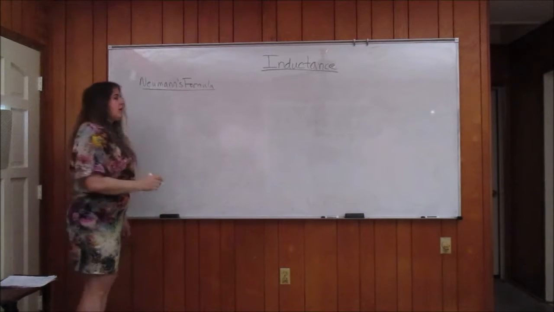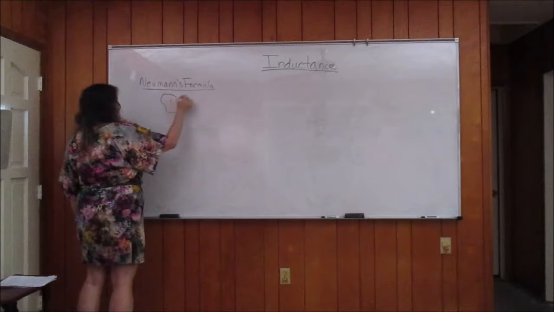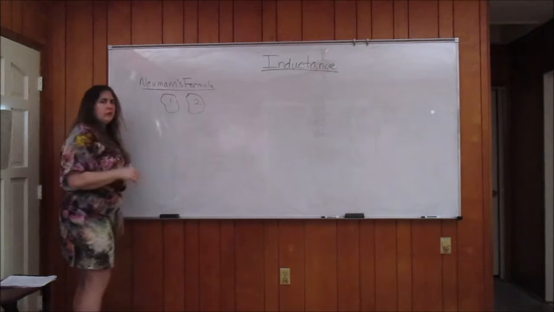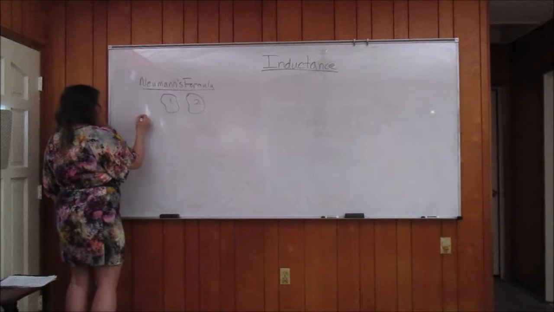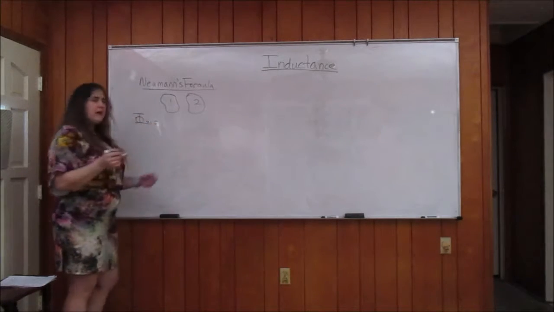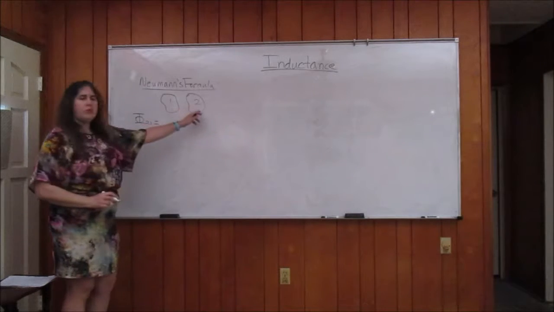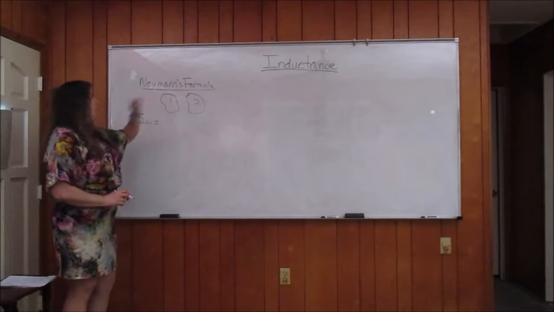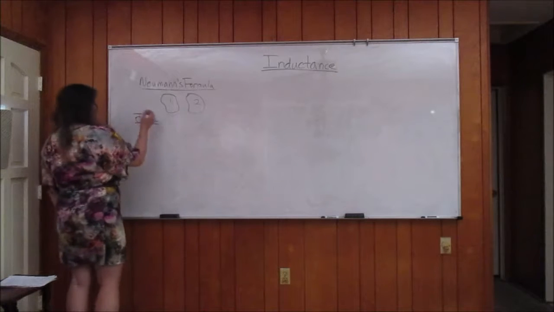I just want to consider the coupling between two circuits, circuit 1 and circuit 2. We want to know what the mutual inductance is. So to that end, I'm going to calculate the flux through circuit 2 due to the magnetic field of circuit 1.